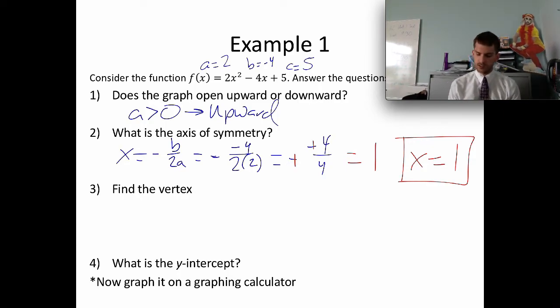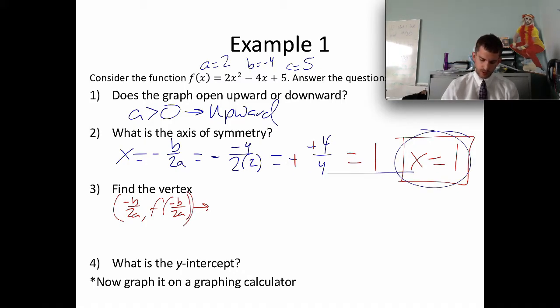Now for the vertex, again, the coordinates that we're using are negative b over 2a, comma, f of negative b over 2a. Well, we already know that first one. That first one is our x equals 1. So we'll say the first coordinate is 1. Now the second coordinate, we just got to take that 1 and plug it in. So we're going to do f of 1.